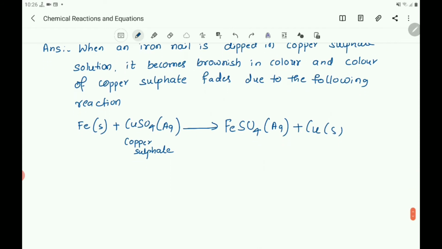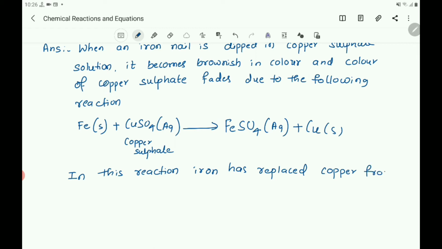In this reaction, iron has replaced copper from its solution.